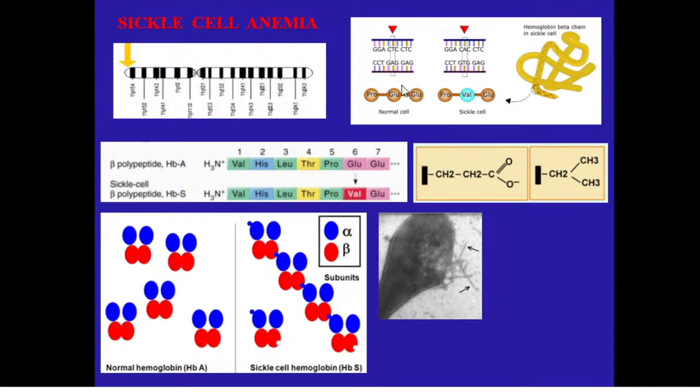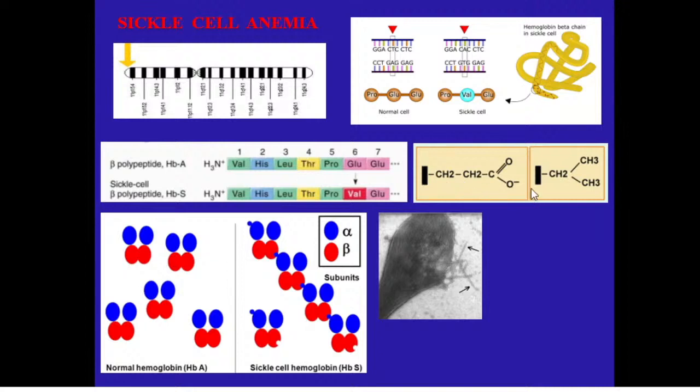In normal hemoglobin there must be glutamic acid, but due to the change in the sequence of nucleotides, look, adenine to thymine, valine is placed by the ribosome, and this will lead to all other complications.